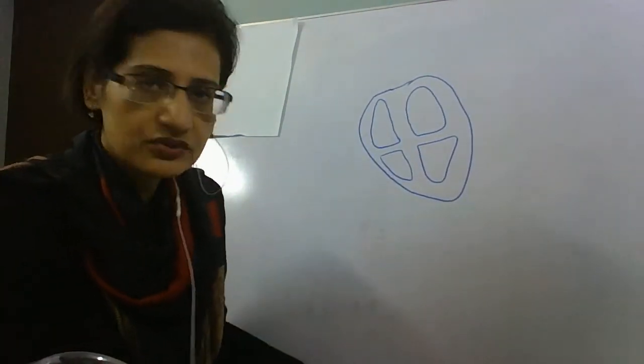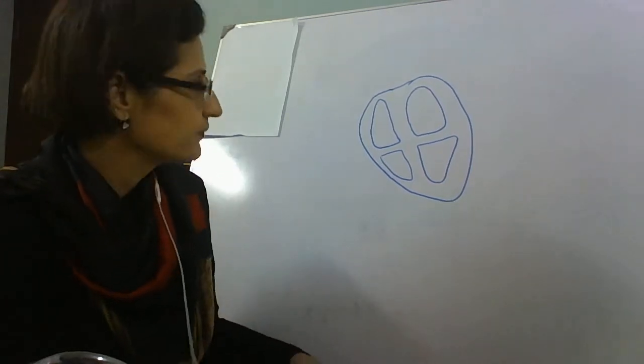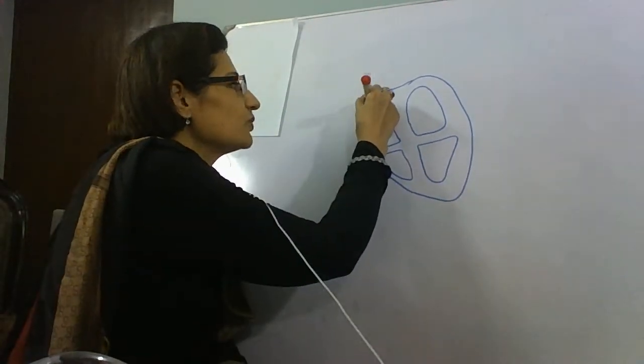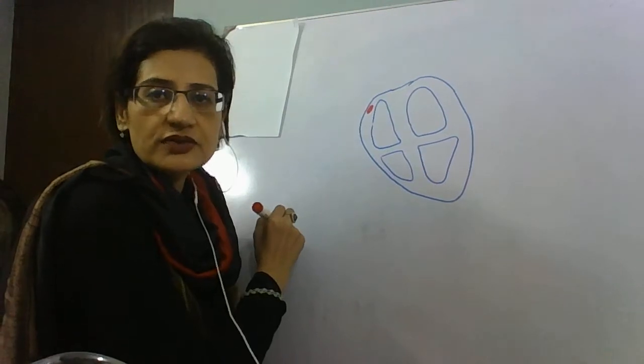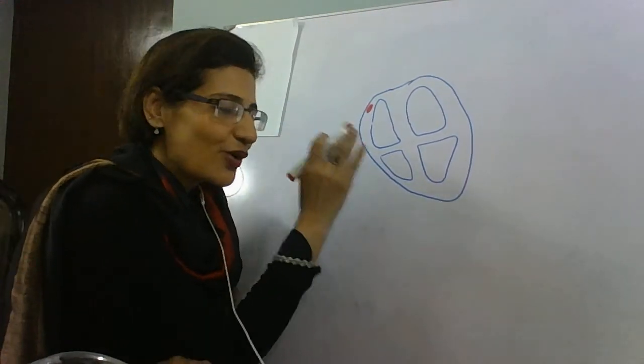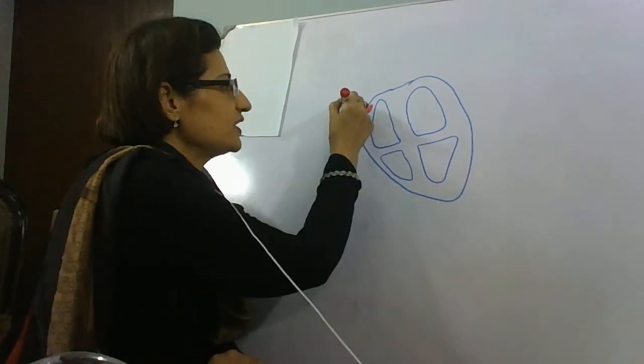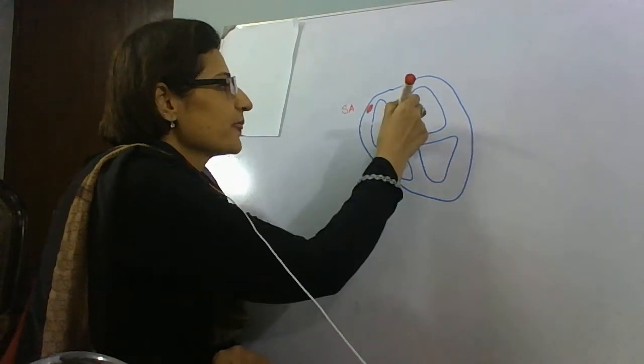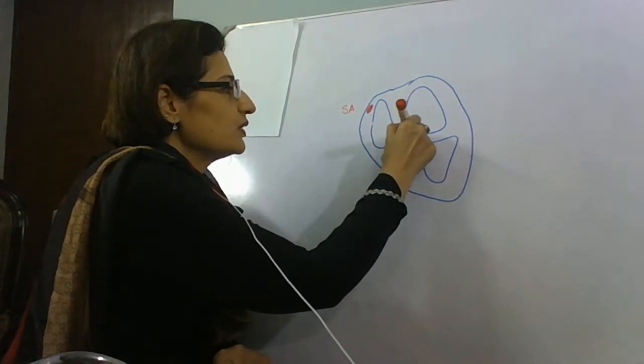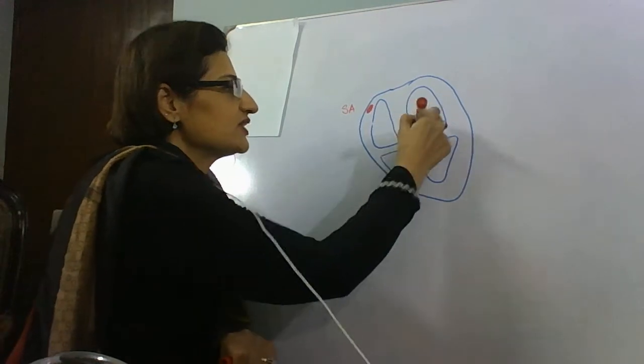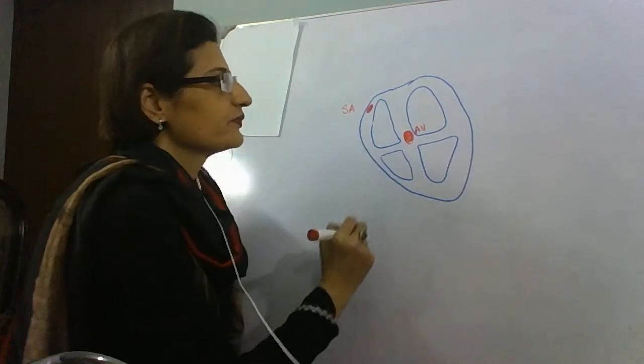So this is how roughly our system goes. And in the wall of the right atrium we have the SA node. Lower part of the AV septum we have the AV node.